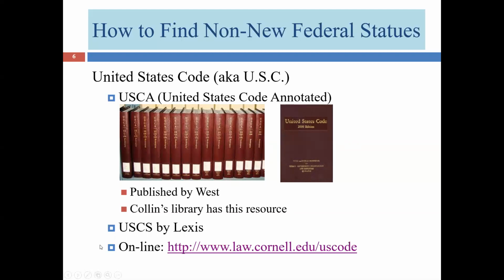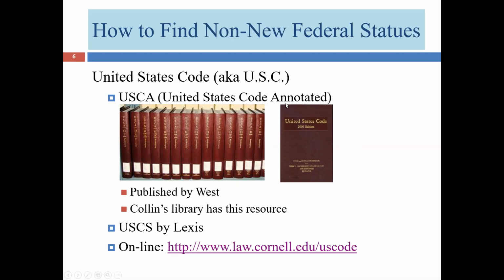So let's say though you want to use books. We have a library on the Spring Creek campus that has a lot of the books, a lot of the statutes, or I guess really all the statutes available to us. And the version that we have is the USCA, and that stands for the United States Code Annotated. Nobody says all of this. They say USCA. It's a West product. And the key word here is annotated.